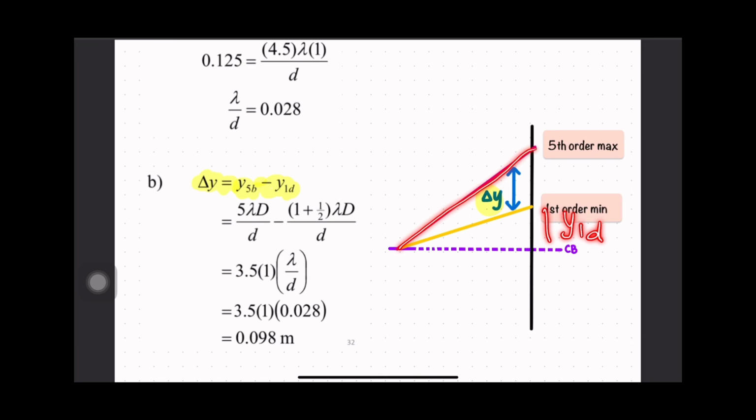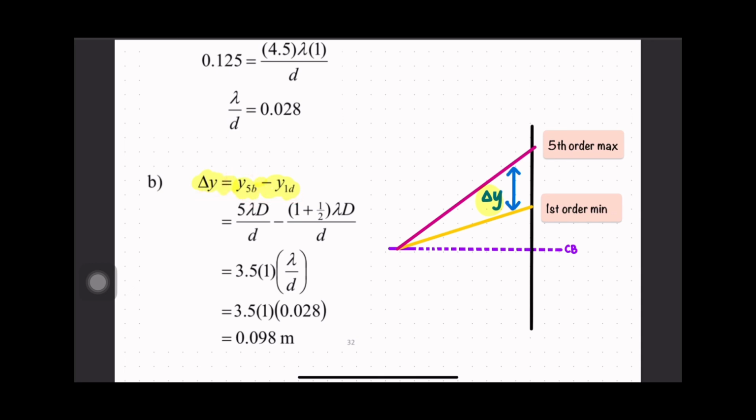And this one is fifth order maximum is Y5 bright. So jarak antara fifth order maximum dengan first order minimum adalah this one. Dia delta Y juga, tapi delta Y bersyarat yang bukan konsekutif lah, bukan beturutan. Nampak tak? Ni 5, ini 1, tak sama. Kalau beturutan means 3 dengan 2, 4 dengan 3, macam tu. So kita kena tulis macam ni lah.